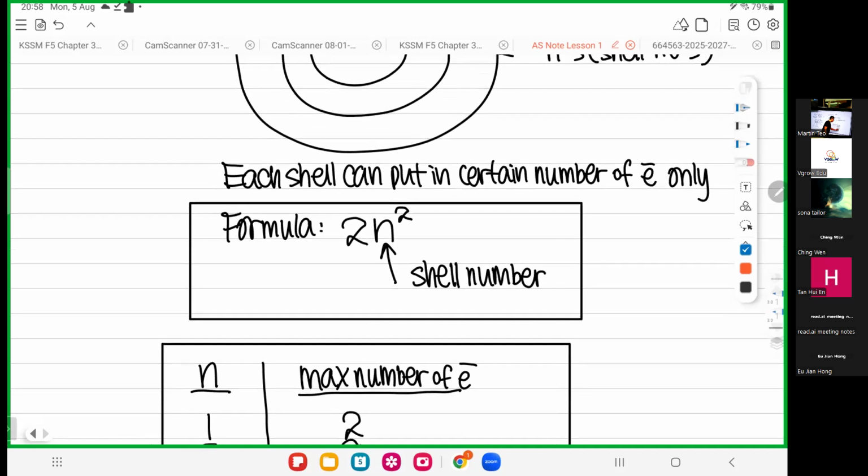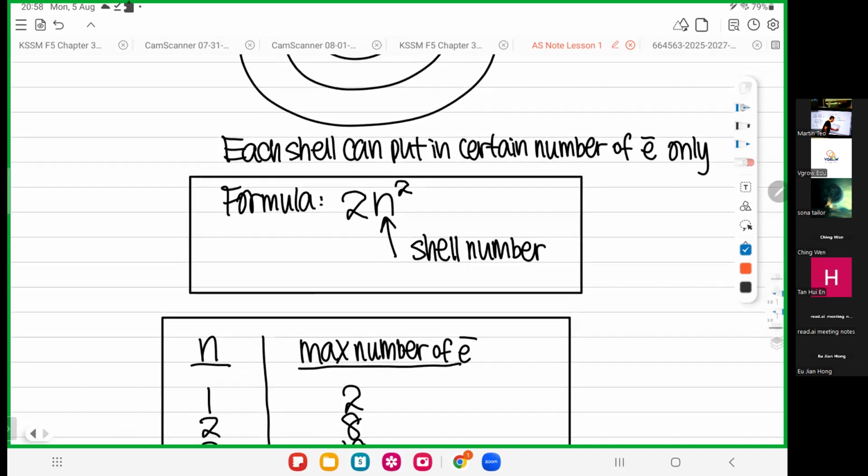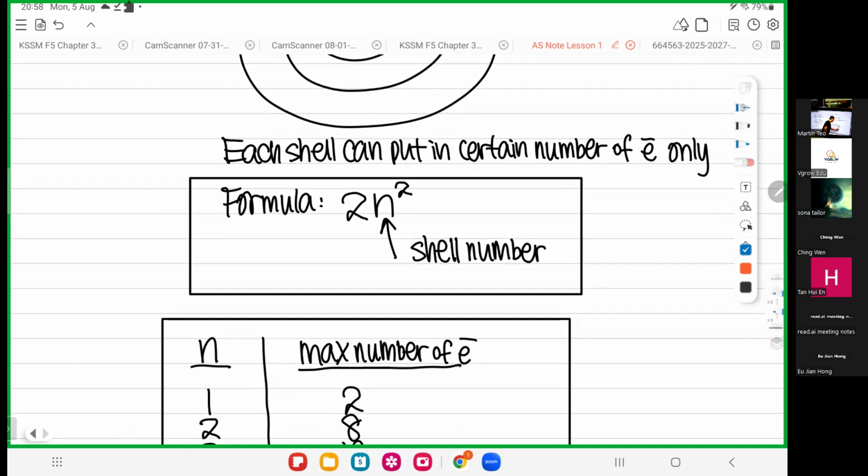First shell can put 2 electrons. That is exactly what we learned back in high school. If you put n equal to 2, 2 power 2, 4 times 2, 8. So the second shell can hold 8 electrons. Totally correct.